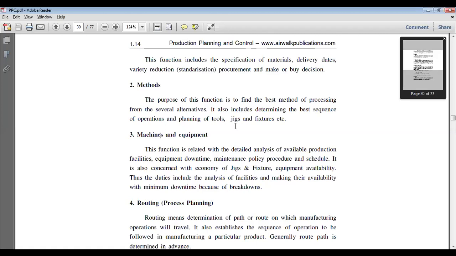So we have to take care of both these things. One is that all machines should be involved, and also for producing the correct product that is required. For example, drilling can be done on a drilling machine, on a lathe also. So the appropriate machine should be involved.